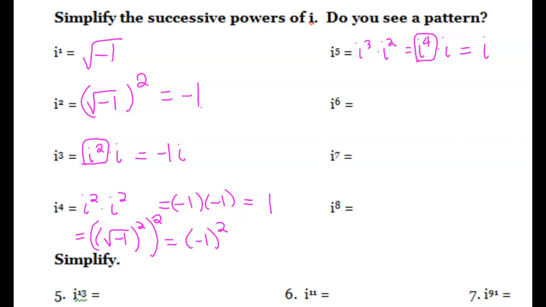And guess what? i to the 6th is going to be the same as i to the 2nd, which means i to the 6th is negative 1.